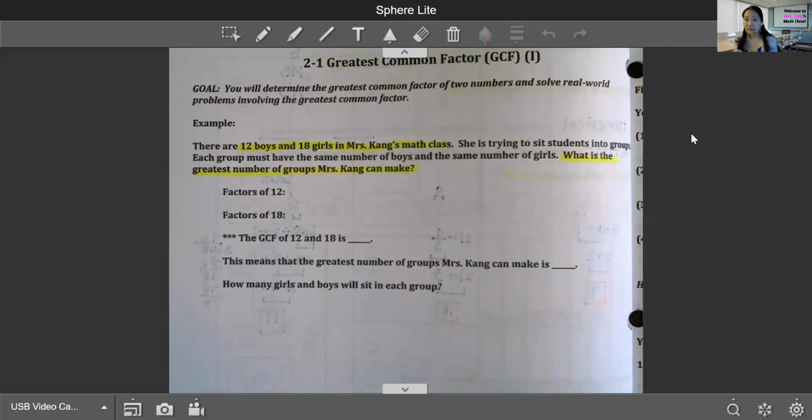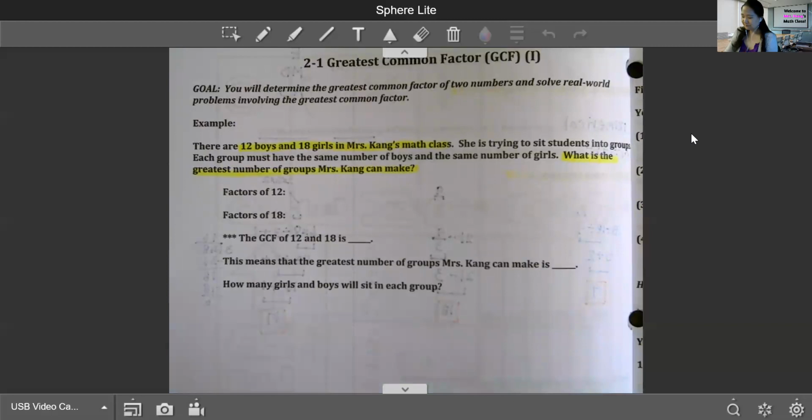Before finding the greatest common factor, we're first going to list all of the factors of 12. Factors basically means the two numbers that, when you multiply, give you the answer 12. I'm going to order these from least to greatest, so watch how I do that. A lot of elementary teachers call it the rainbow method.